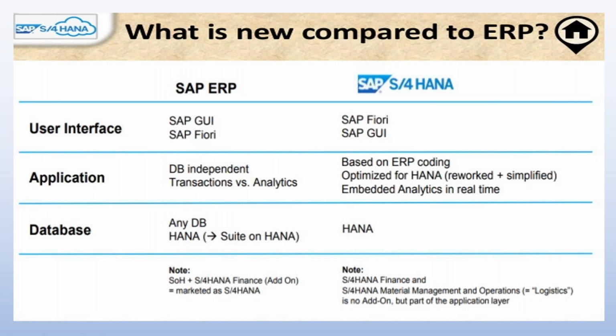In ECC, when HANA was initially launched in 2011, it was targeted to increase the performance of your BI/BW reporting part. Later, slowly, they started developing HANA with respect to ECC, and once they fully developed HANA, they started working on the application, that is, rewriting the application code and structure, and then the new product was launched as S4HANA.